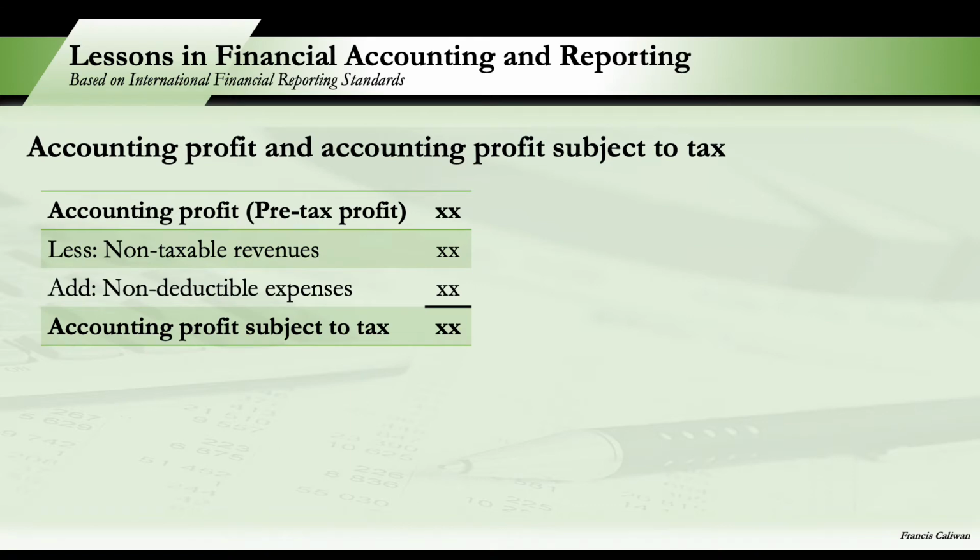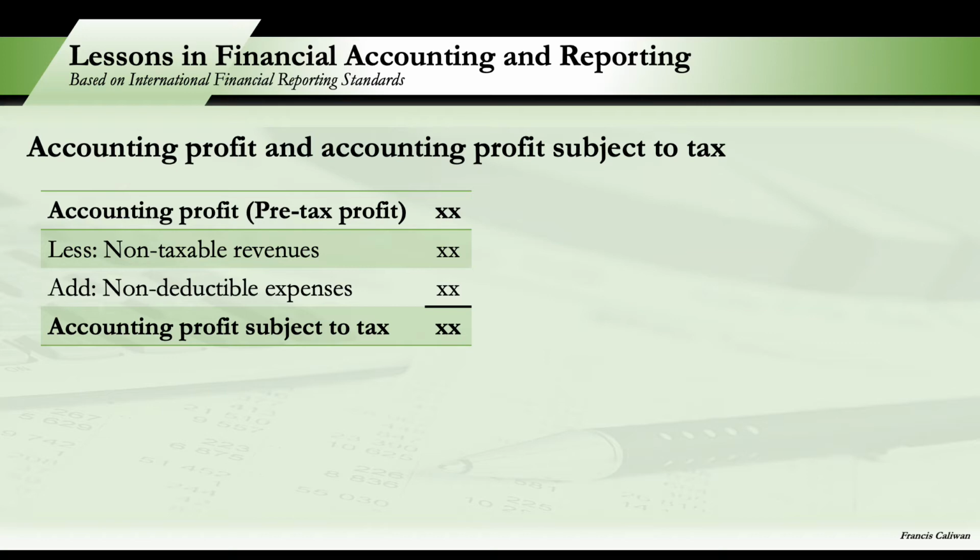So accounting profit or our pre-tax profit, from that item, we deduct our non-taxable revenue and we add our non-deductible expenses, we get our accounting profit subject to tax. So basically, we just omit the effects of non-taxable incomes and non-deductible expenses from our accounting profit to arrive at our accounting profit subject to tax.